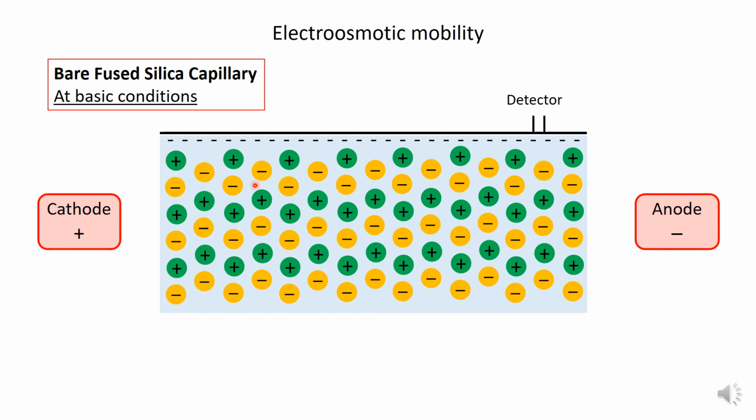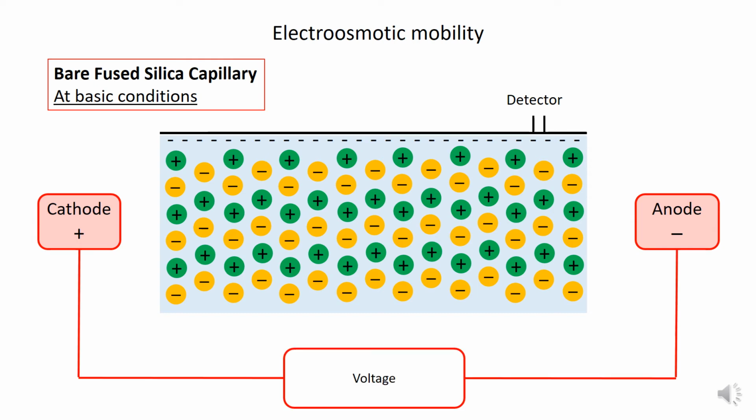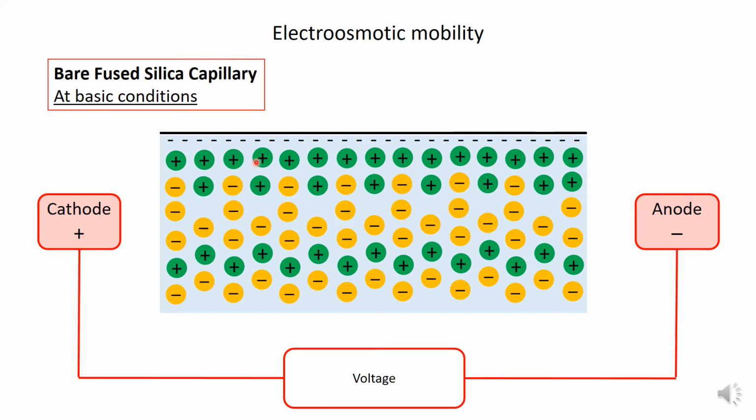This is not the case, of course, with the anions because this is a repulsive interaction. Then, when we apply the voltage, we have a disequilibrium just at the interface with the capillary. And this disequilibrium allows the movement of the background electrolyte.